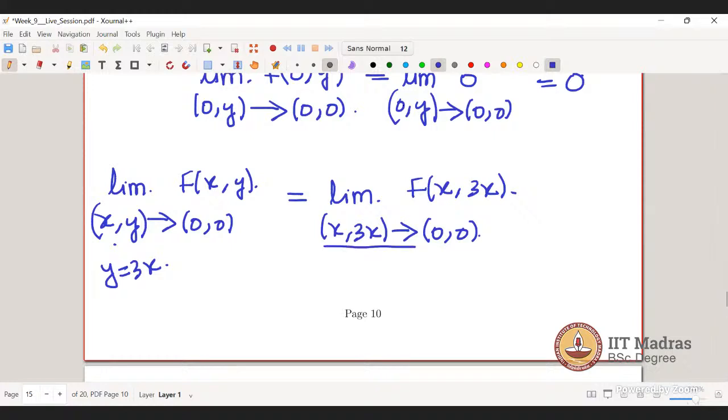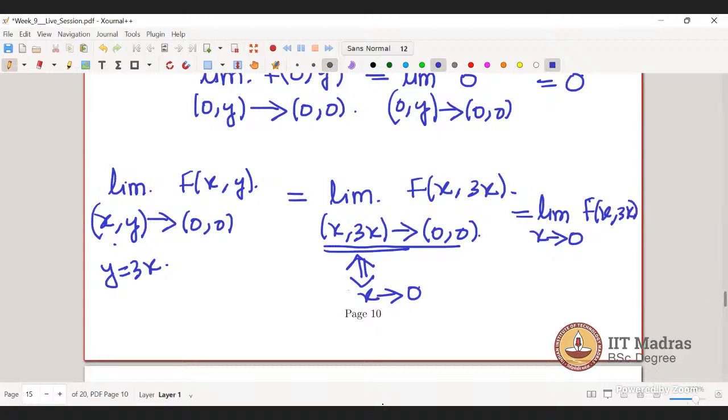So this is equivalent to the fact that x tends to 0, both are the same thing. (x, 3x) tends to (0, 0) is the same thing as x tends to 0. So I can write limit x tends to 0 of f of x comma 3x. So what is f of x comma 3x here?